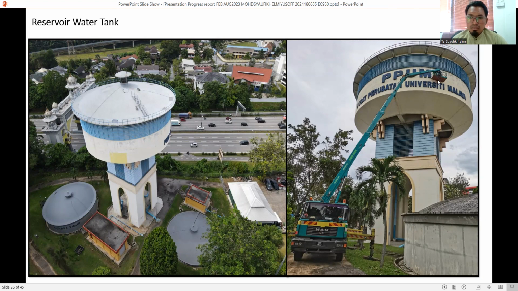So this work collects data at the wall structure, the external structure of the reservoir water tank.